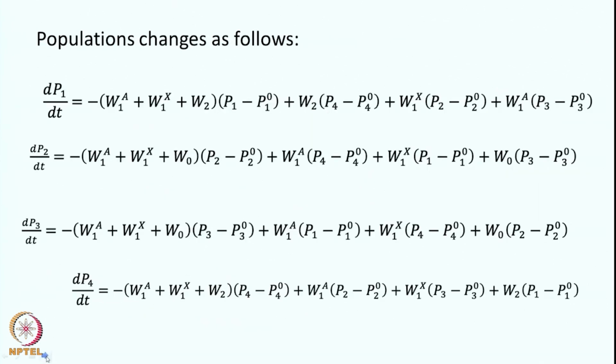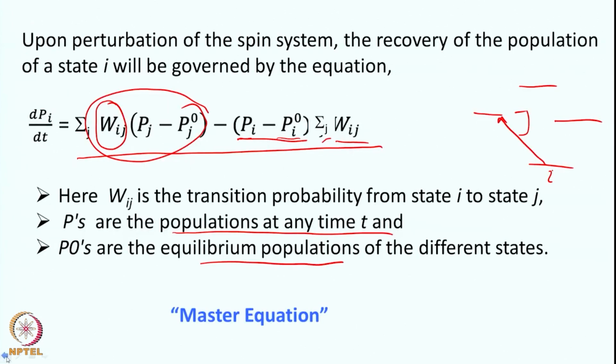Now, so the population change, then we can put that in the master equation that we have described here, and as we discussed, we need only 3 things. First, the transition probability, second, the population at any time t, and the equilibrium population.